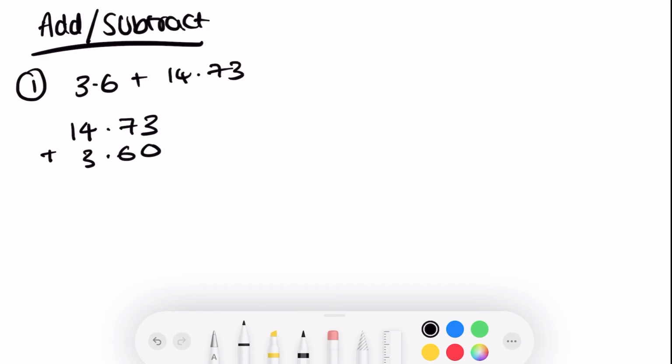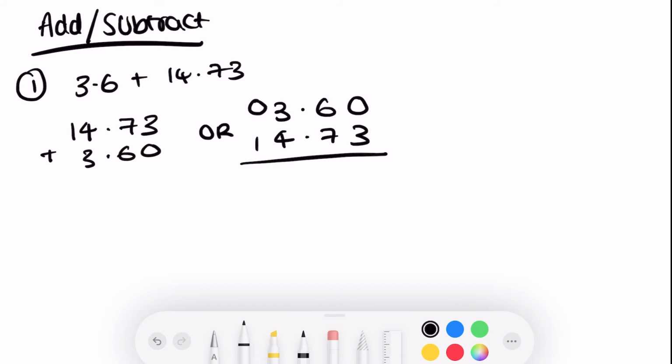And add my placeholder, just because I feel like it looks visually better and I'm just able to work with it a lot more easily. But you can actually write 3.6 and then add 14.73 and then add 0 and 0 here. And that is perfectly fine as well. Okay.